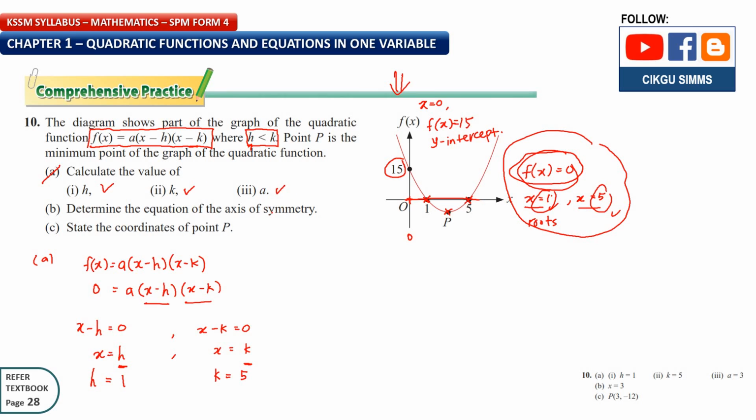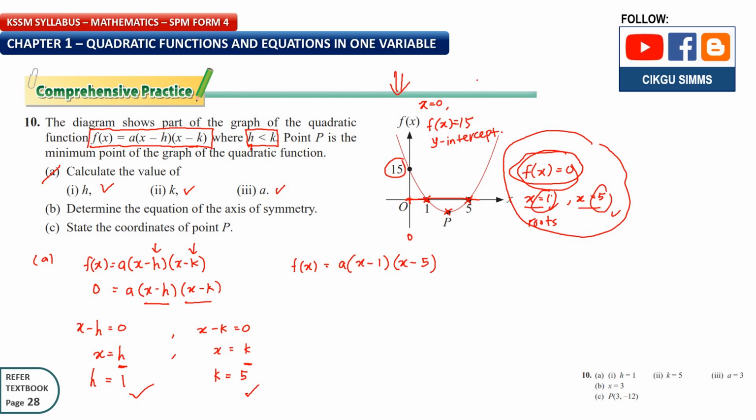I can use them to find the value of a. Okay, rewrite the equation. Fx equal to a x minus 1 x minus 5. Okay, I substitute the h and k with the values that I found.